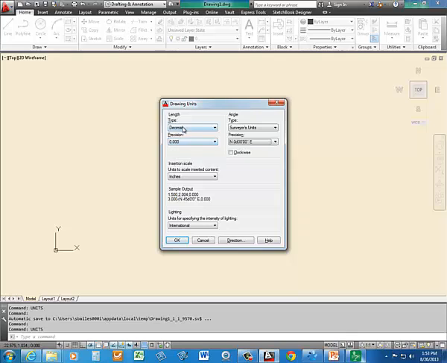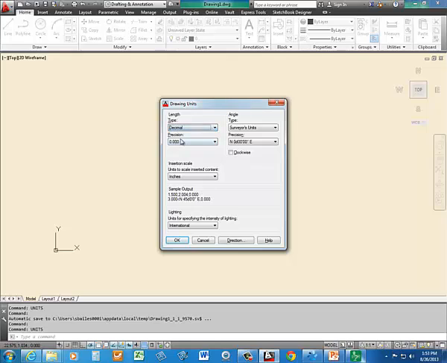Remember, this is a decimal number, and we're going to imagine that it's feet. Okay, do not set it up to be in engineering units. Okay, that's feet and decimal inches, which is not how we draw that on our plot plan. That's not the correct units.